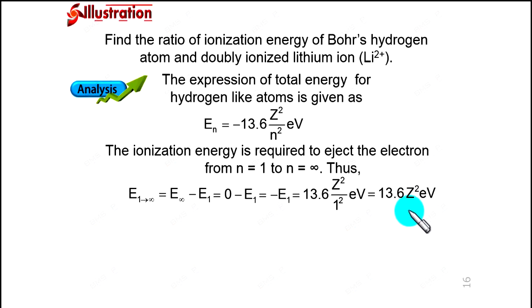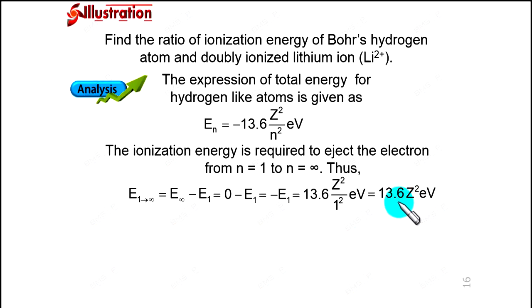Now, we can say it is nothing but the magnitude of the energy at the ground state. We can say ionization energy is nothing but the magnitude of the energy of the atom at the ground state. Now, we can find the ratio. We need to find the ratio of the ionization energy of the Bohr's hydrogen atom and doubly ionized lithium ion. We know this energy is proportional to Z square.